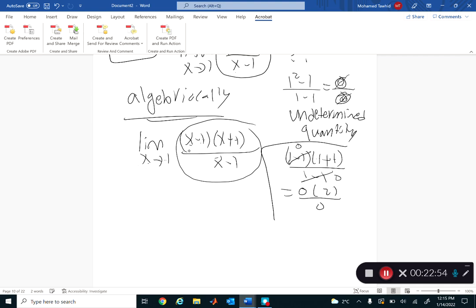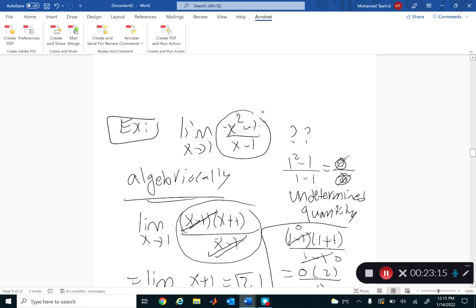The x minus 1. I should factor it out and cancel it before I take the limit. Then what do you have? The limit as x goes to 1 of x plus 1. If I replace x by 1, you get 2. So when x is close to 1, f of x is close to 2.